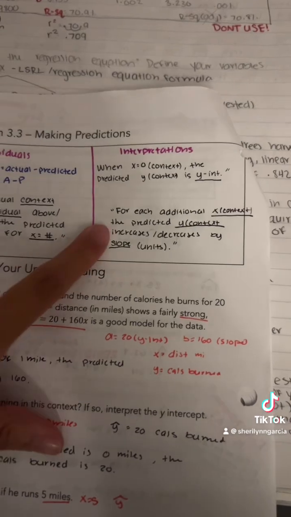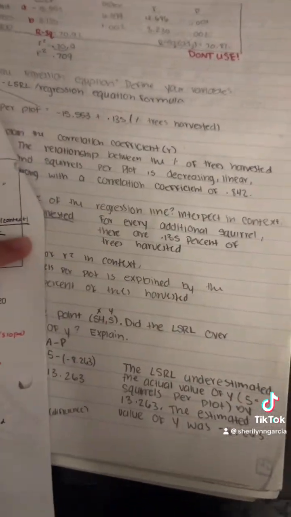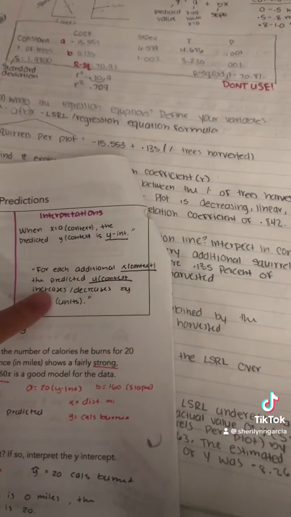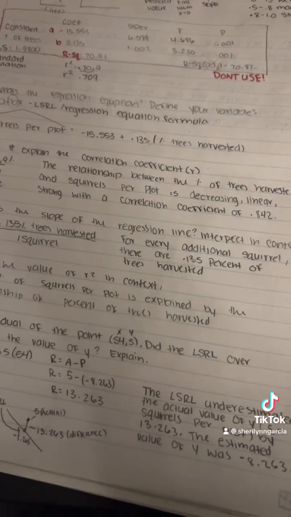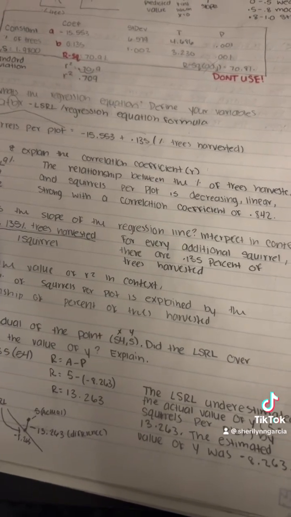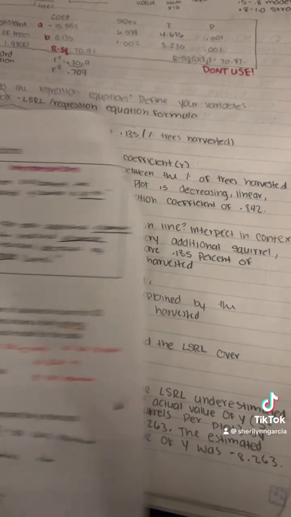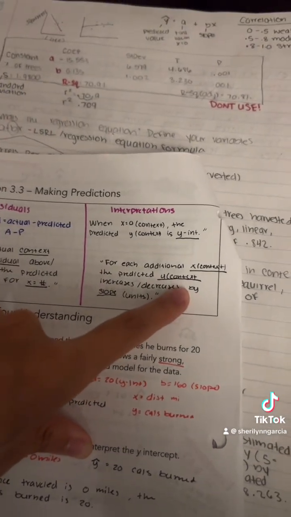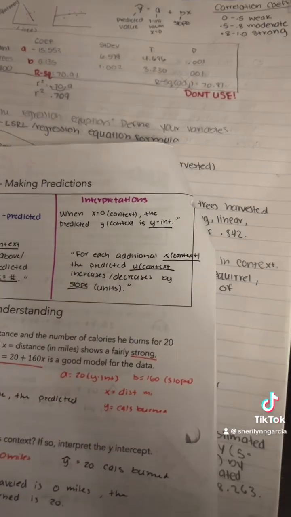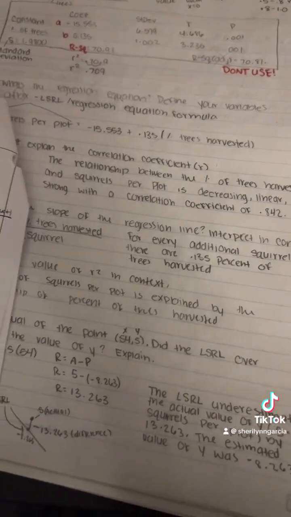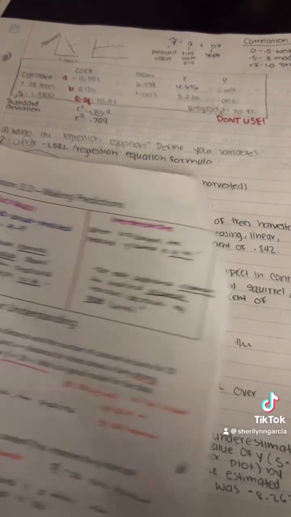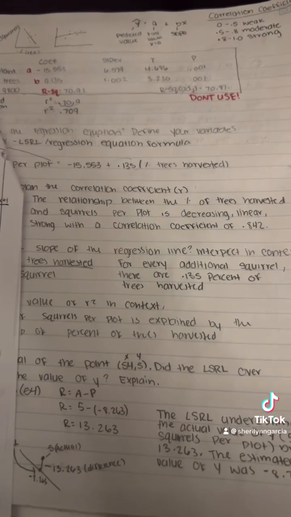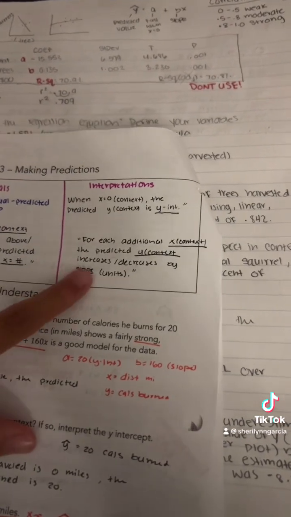So for each additional, and then you do x, here we said percent of trees harvested, because remember that was our x. The predicted, I just said there are 1.135% of trees harvested, but you could say the predicted, and then you add y, which is squirrels per plot, and then you say increases or decreases. Remember we say it decreases by, and then the slope, which is 0.135% of trees harvested. Units is just context.